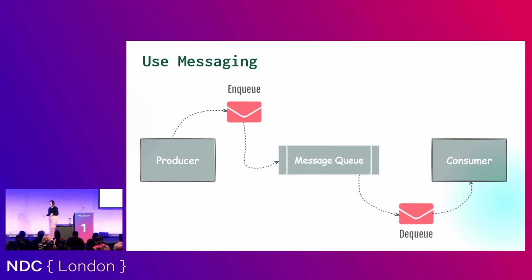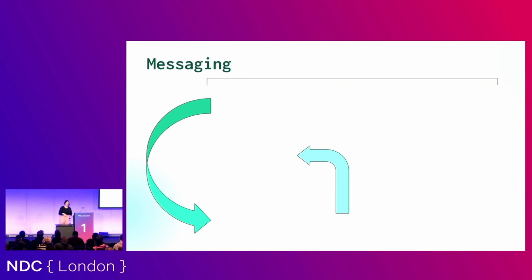Okay, we can use messaging. So with that, we have a producer, they add a message to a message queue, and then we can dequeue it, and a consumer. So a similar approach, but again, now we've added complexity, but it may be necessary.